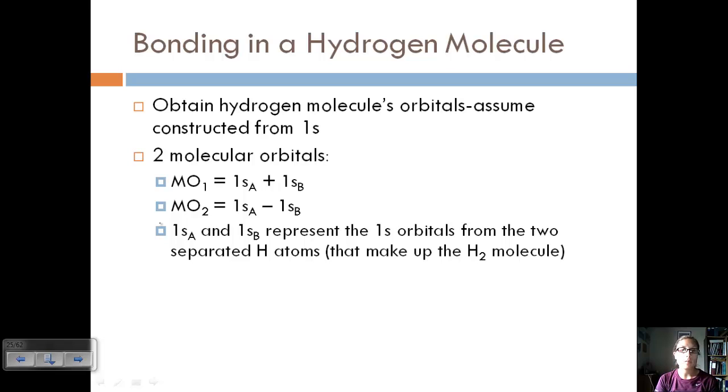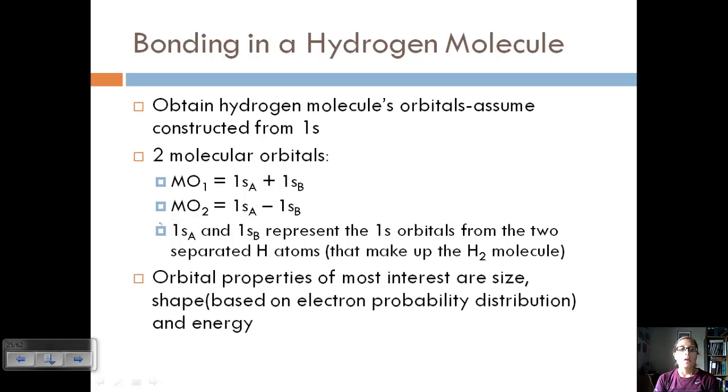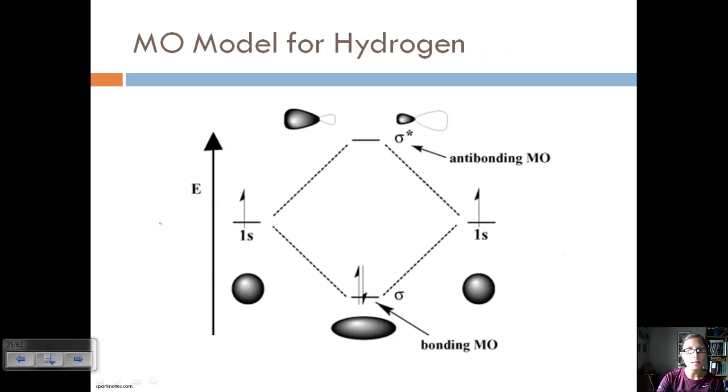So 1s sub a and 1s sub b represent the 1s orbitals from the two separated H atoms, and these are what make up that H2 molecule. Orbital properties that are of most interest are the size, the shape, which would be based on electron probability distribution, and the amount of energy. And we'll get into energy in a minute.